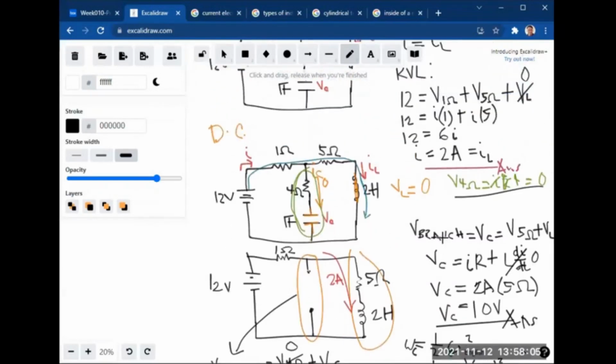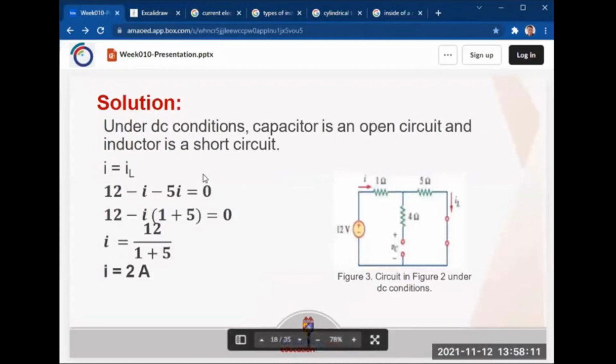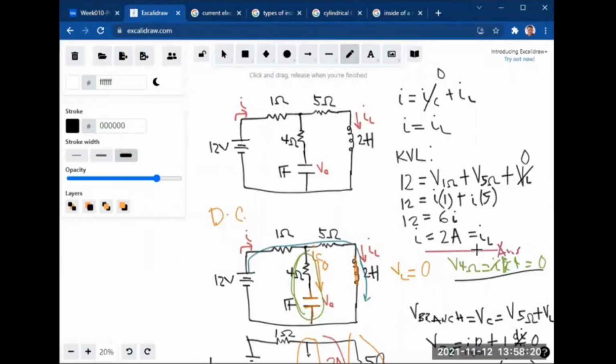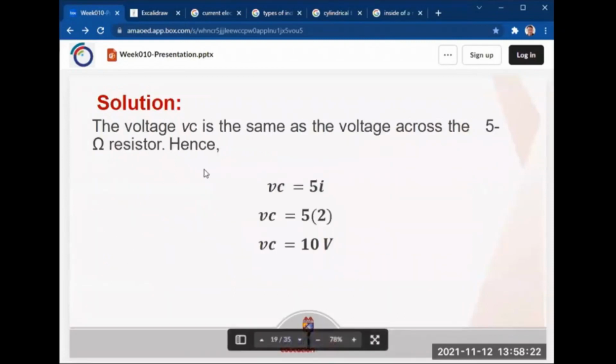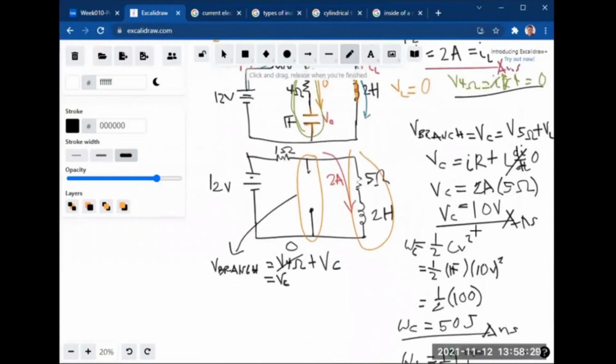So anyway, let's cross check on the module if our work is correct. So first, I, we have 2 amperes. Okay, and I is equal to IL, so 2 amperes. Checking. Okay, so correct. Next, the voltage across the capacitor, 10 volts.